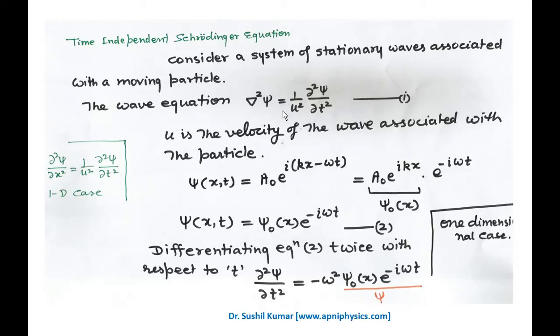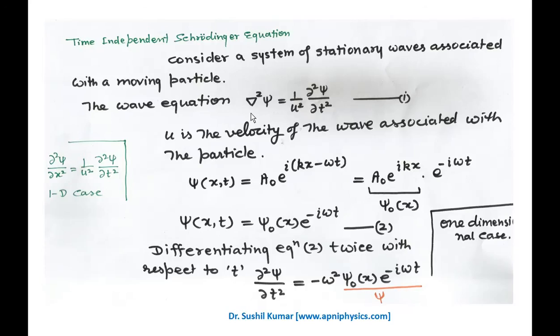The wave equation is del square psi is equal to 1 upon u square del 2 psi upon del t square. Now this del square is the Laplacian operator, and I am considering the one dimensional case.